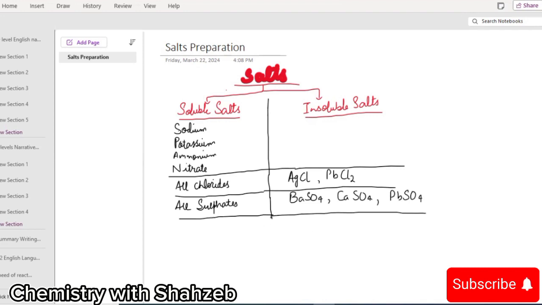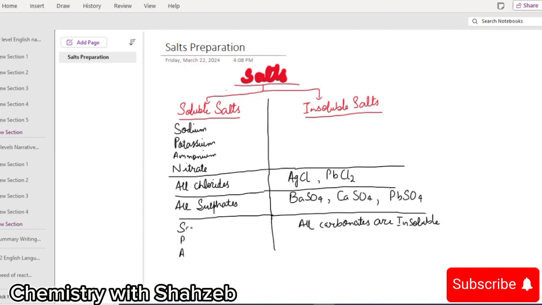Most of the carbonates are insoluble. So all carbonates are insoluble, except which carbonates are soluble? There are three carbonates. I'm writing SPA.